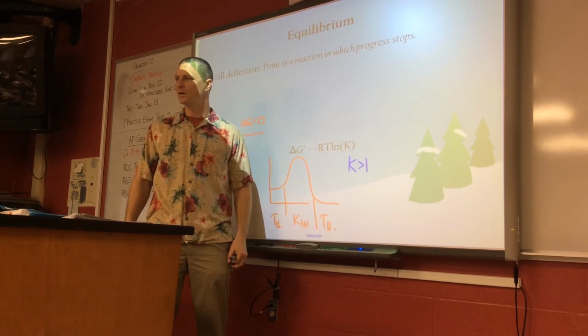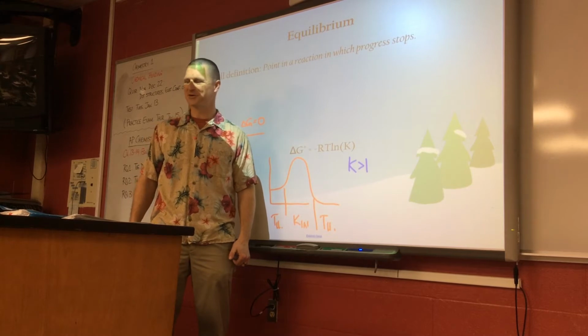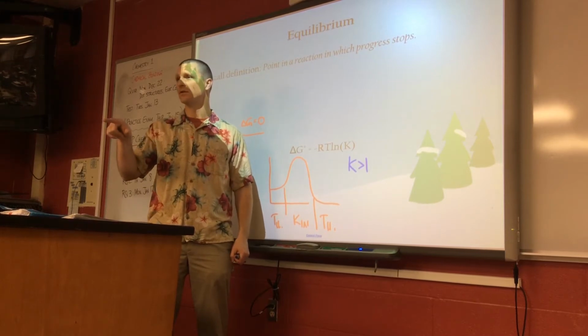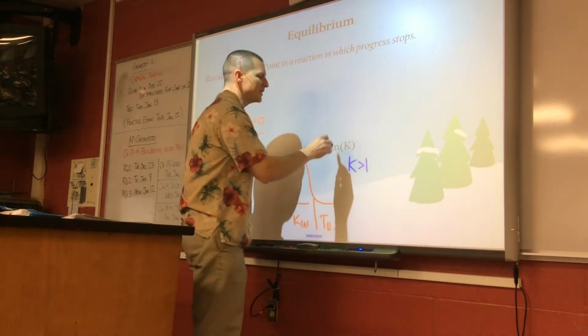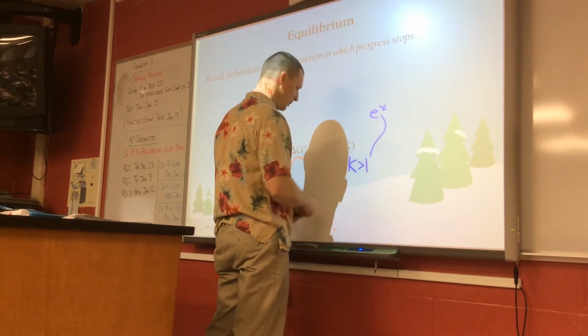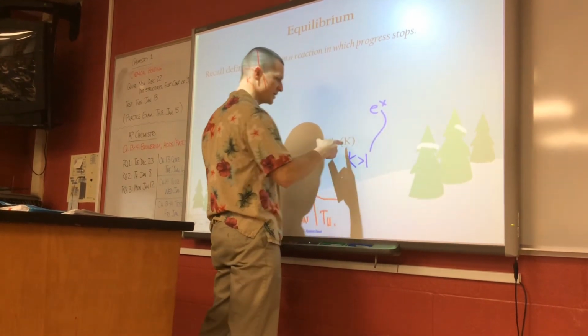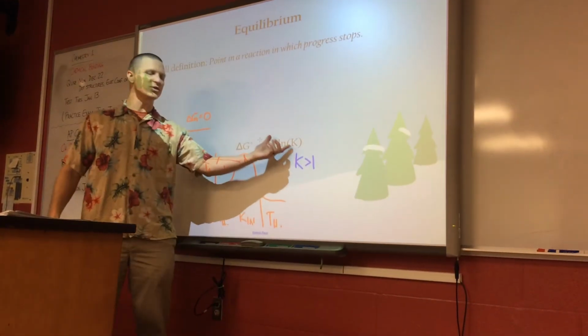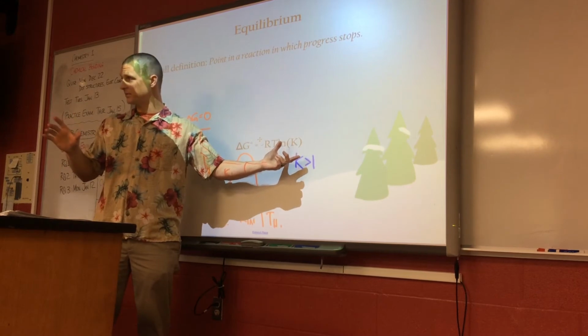It's about 0.009. Positive or negative? When you take the natural log of something, you're saying e to what power equals that number, so e to that power equals the K. So as long as K is greater than 1, the natural log of K is always going to be positive.